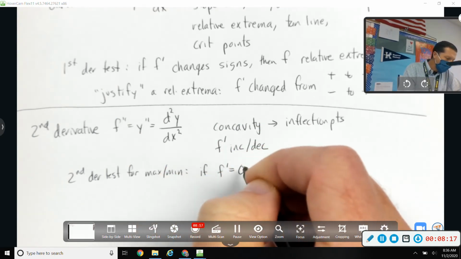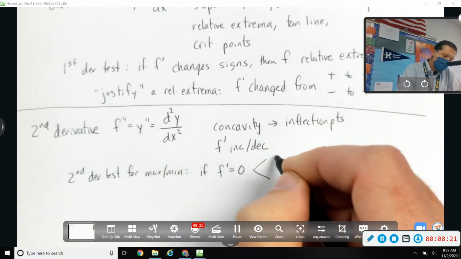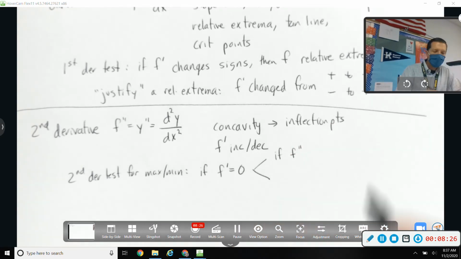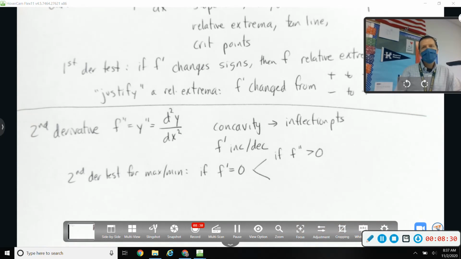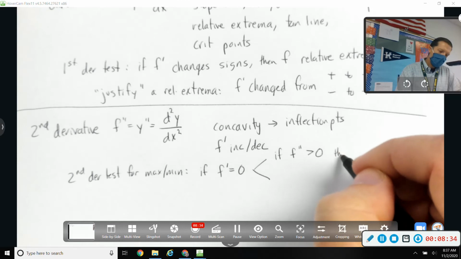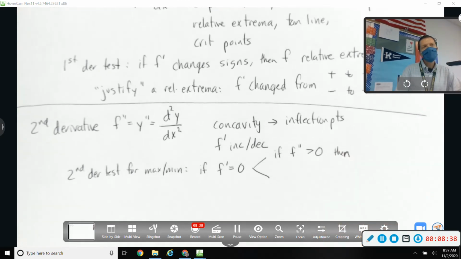If f prime equals 0, then two options. If f double prime is greater than 0, then, again, this is not one that you memorize, you just think about.